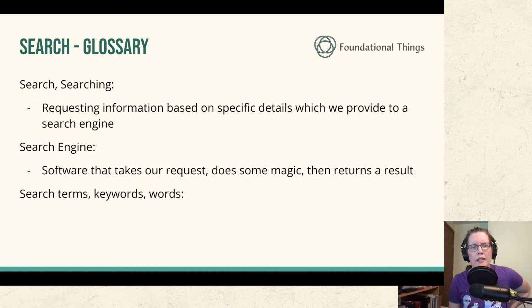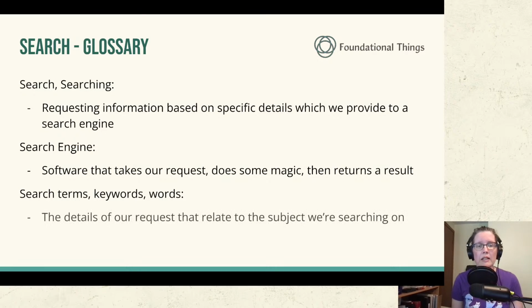And then these ones I really need to highlight because I might use these interchangeably. So the idea of search terms, keywords, search words, just words, sometimes search keywords. To me, these are all the same thing. Technically, they're probably not entirely the same thing, but I'm going to be using them very interchangeably.